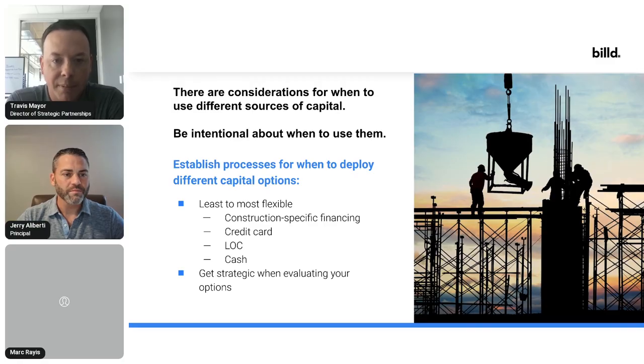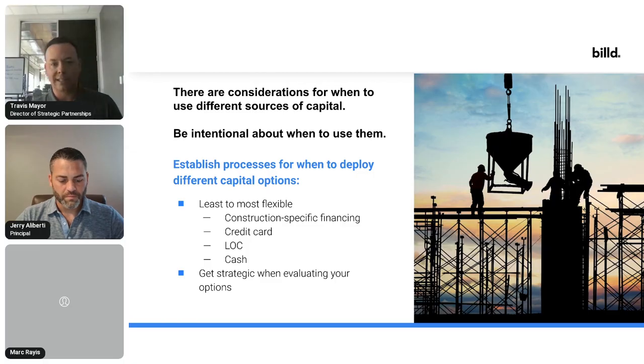So being intentional about when you use your options and having systems and processes in place within the business, both at the project level and the overall operating level, really goes a long way to ensuring that options outside of cash are good debt options. So establishing processes for when to deploy different capital options.